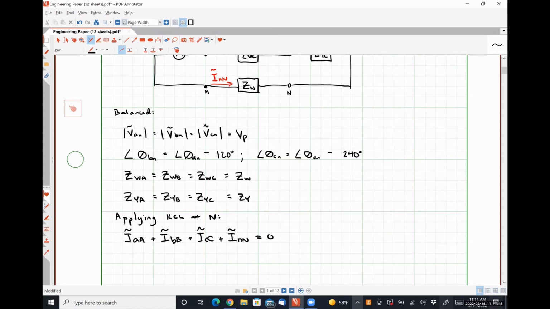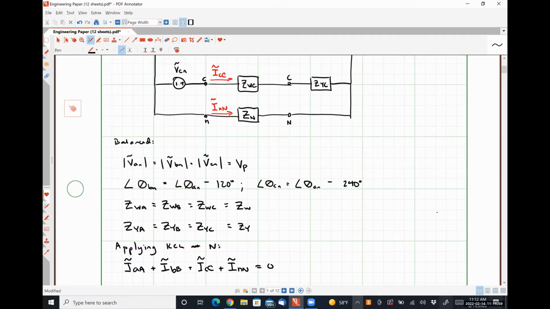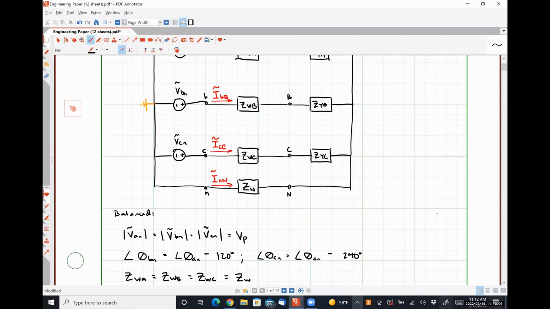And I'm going to use Ohm's law now to express these four currents in terms of some impedances. So let's talk about that just real quick, okay?